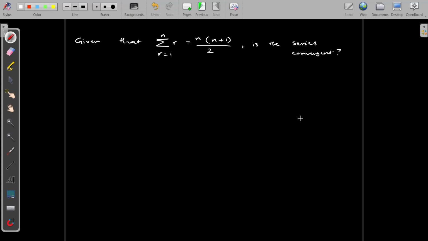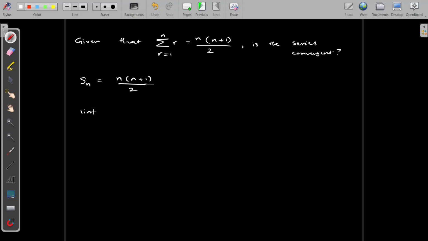Remember, we said that for it to be convergent, it must have a particular value as it approaches infinity. So let's say Sn. So Sn will represent our series, and this is equal to n times n plus 1 over 2. So we need to take the limit of this.